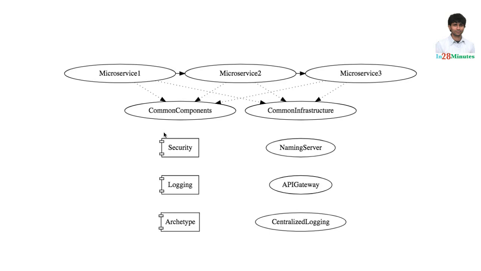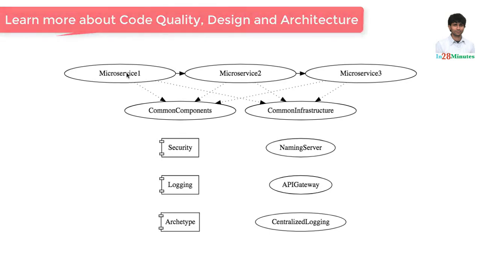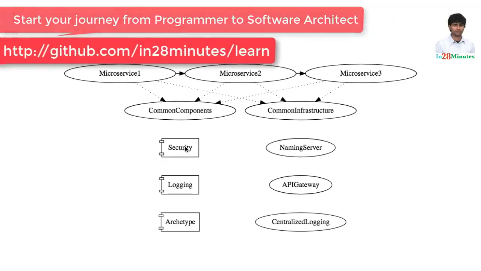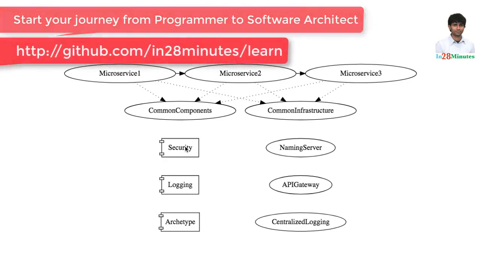That is handled by your security component. So your security logic is abstracted away into this component. All these microservices will use this component and will need to know how to make use of it. They don't really need to worry about the inner level details of these components. That's another good example of abstraction.